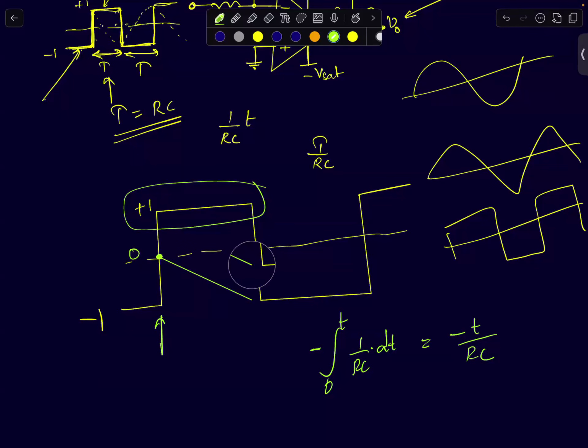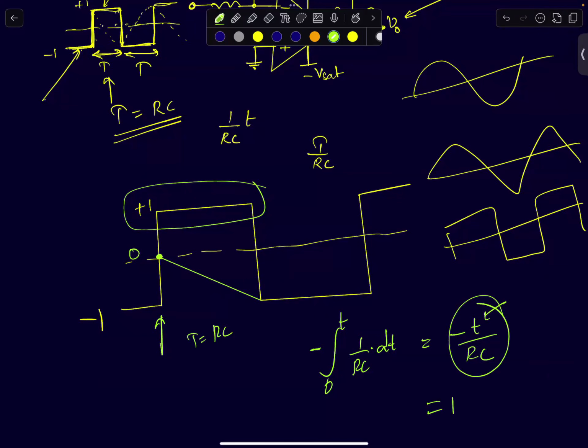I'm sorry for using the word discharging. The output node will go negative. When t becomes equal to capital T, since I said this condition t equals RC, you get -1 volts. So at this point, the op-amp's output will reach -1.